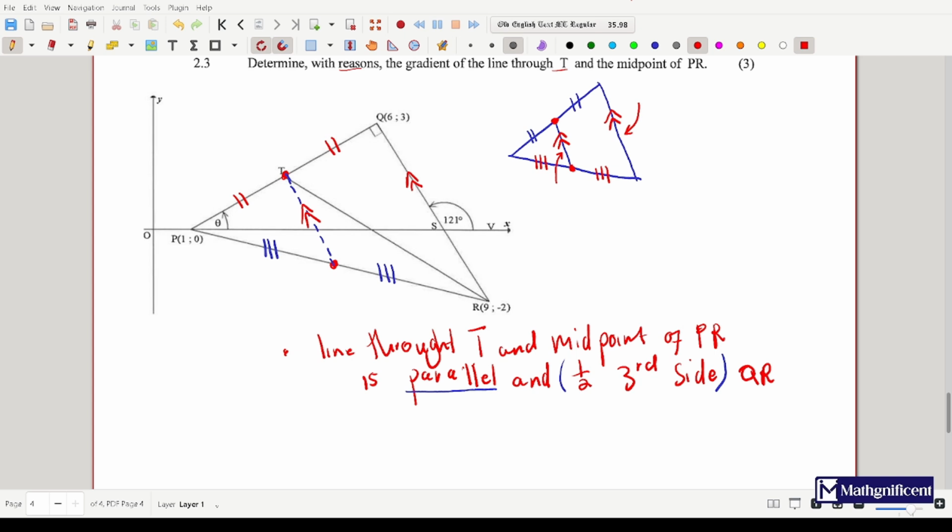And then from this, let's have a look. What do we mean when we say this is parallel to this?